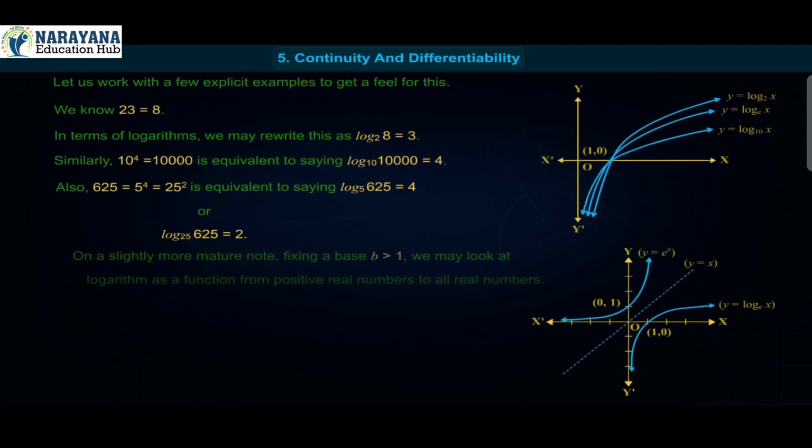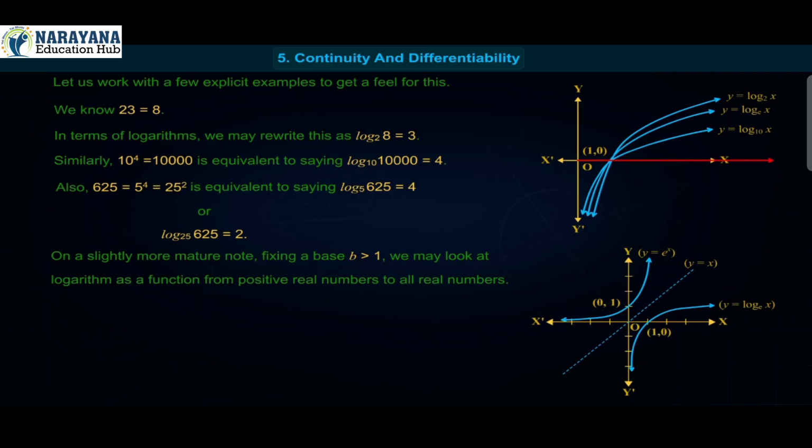On a slightly more mature note, fixing a base b greater than 1, we may look at the logarithm as a function from positive real numbers to all real numbers.